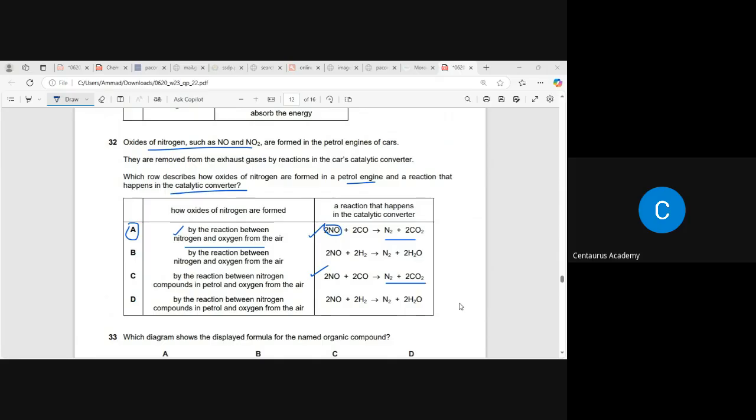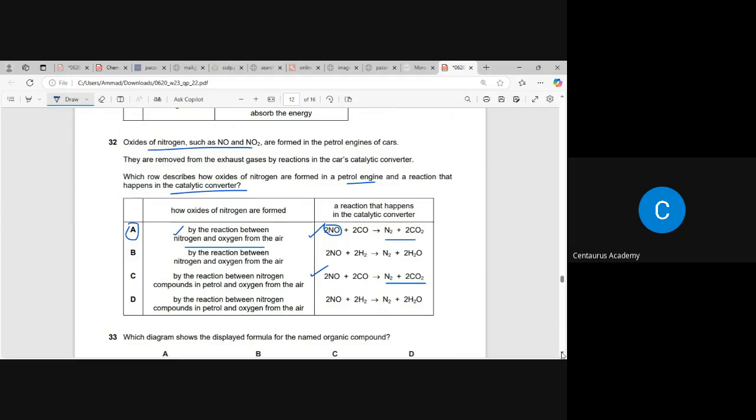Much energy is required to break them apart. So you need to add lots and lots of energy to break the nitrogen molecule to form nitrogen atoms, and then those atoms are going to react with oxygen to form their own oxides. So lightning is a natural process by which this can also take place.